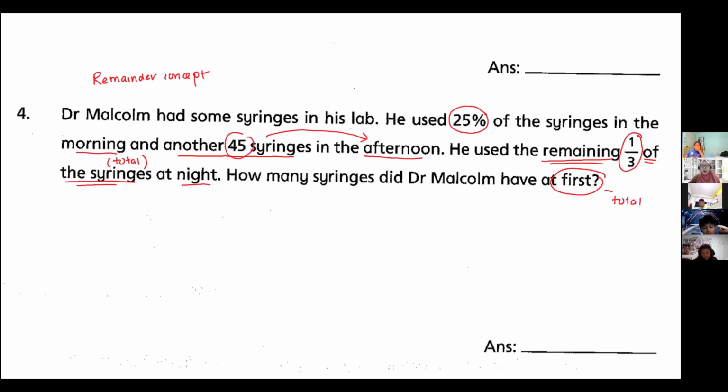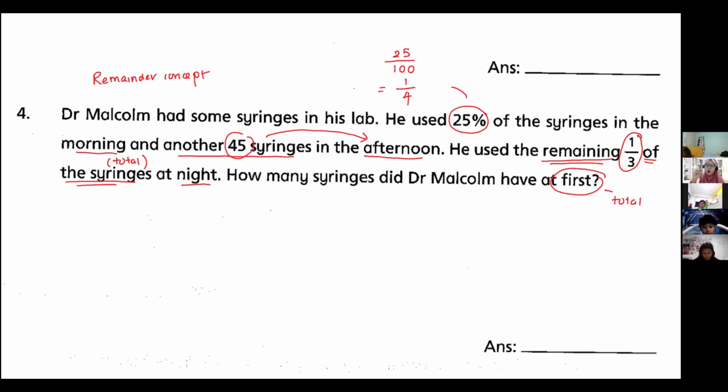Now, in this question, you have percentage and fraction. So you cannot work with them without changing one into another. So you need to change your percentage into fraction first. So 25% is known as 25 over 100. Then you reduce or simplify it and it will become 1/4.